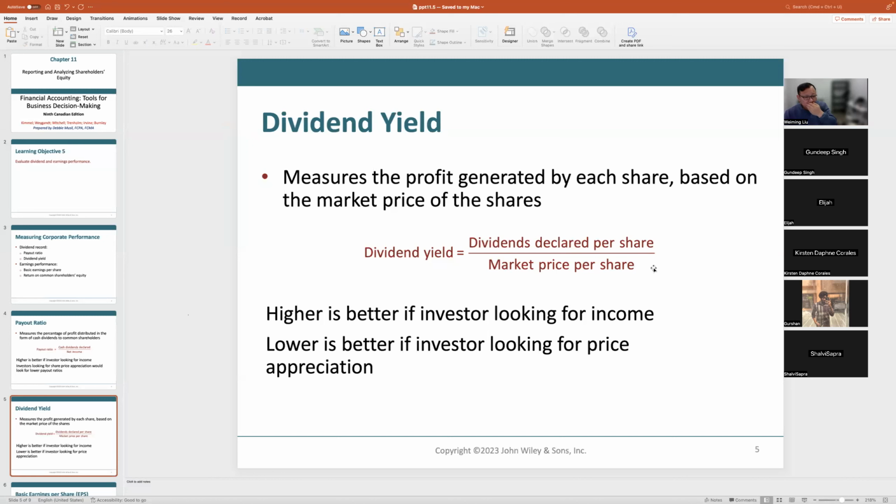If you are looking for income, you want more dividend income. If you are looking for money from the company, you are hoping the company will issue more dividends to you because you are trying to maximize your income. In that case, the higher dividend yield the better, because a higher yield means the company didn't retain any money.